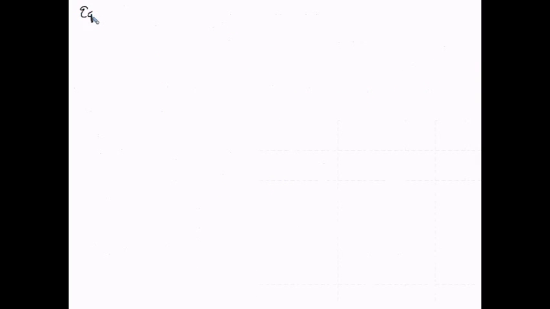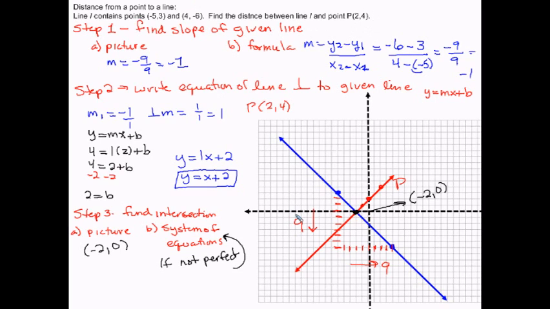Okay, the equation of the new line is y equals x plus 2. The equation of our first line, here's our y-intercept on this one, so we get y equals negative x minus 2.